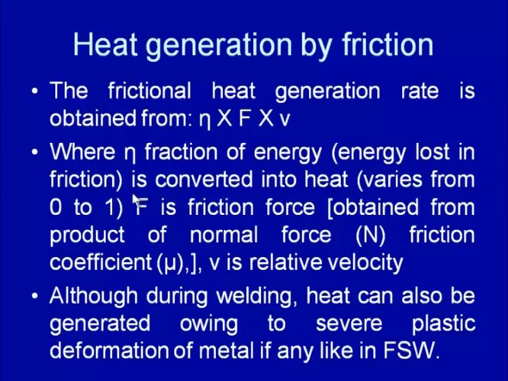So, apart from the frictional heat generation in welding processes like linear friction welding and friction stir welding, plastic deformation is inevitable, and whenever there is a plastic deformation of the metal, some heat is always generated.